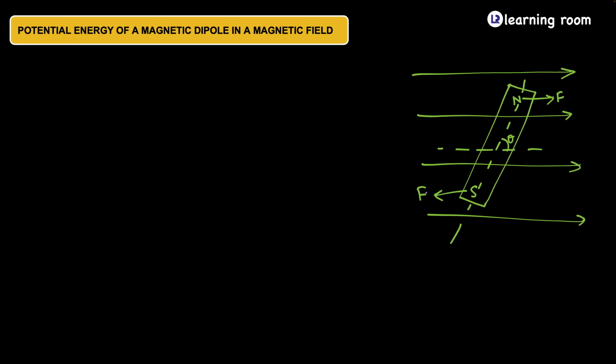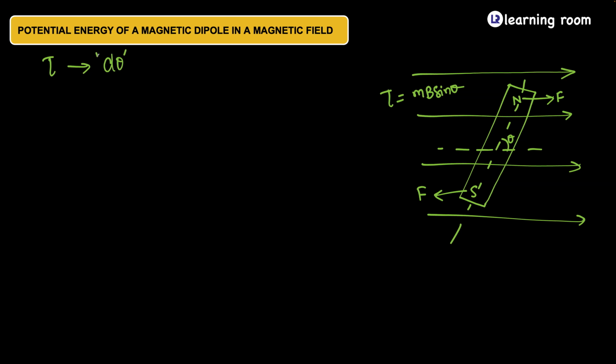Now, there is a torque experienced by the system which is given by the expression mB sine theta, where theta is the angle between the magnetic dipole moment and the magnetic field. Let's say there is a torque creating an angular displacement of d theta.